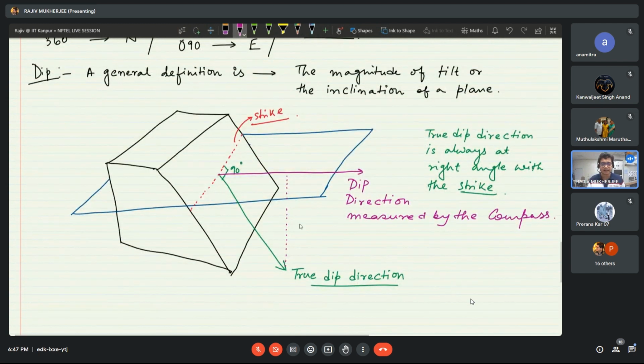Now, if the plane passes like this, okay, so this intersection, this angle measured on this vertical plane will be the dip amount, phi.